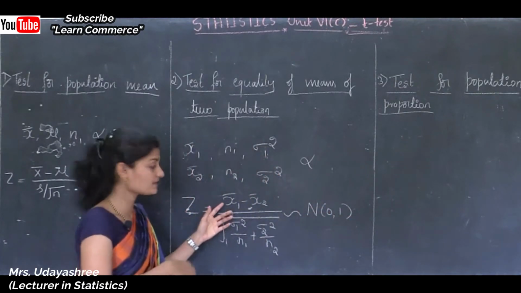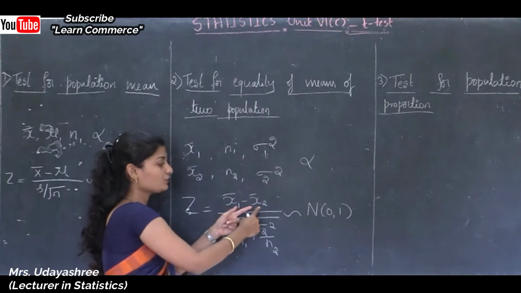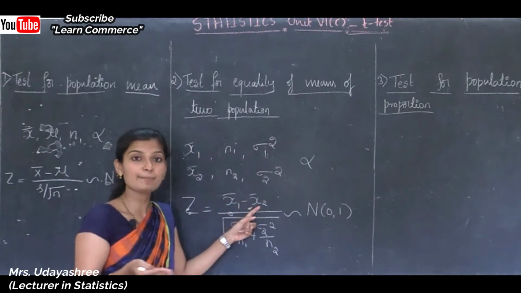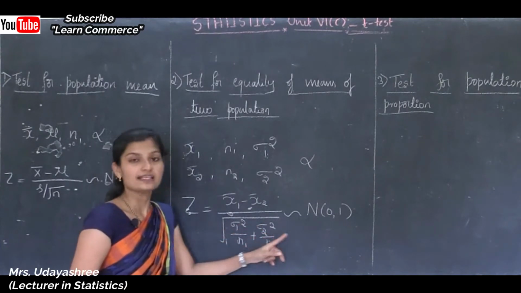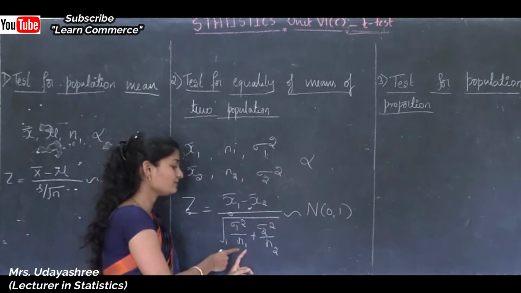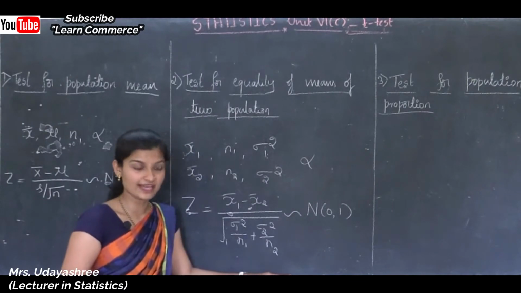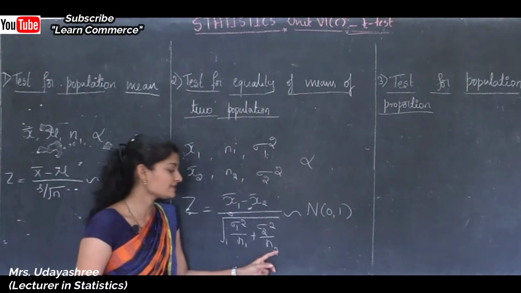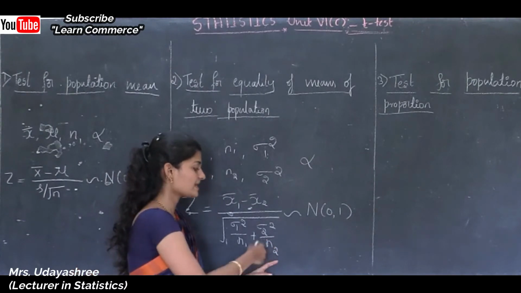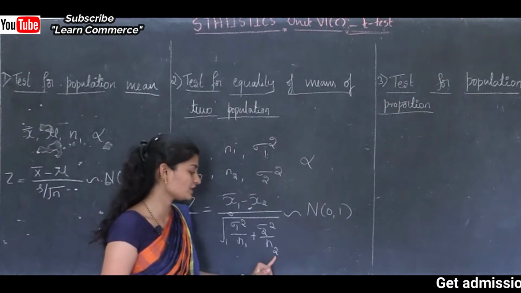We already discussed that x bar 1 and x bar 2 are the sample means, sigma 1 square and sigma 2 square are the standard deviations, and n1 and n2 are the sample sizes. The sample size of the first set of observations is denoted by n1, and the sample size of the second set is denoted by n2.